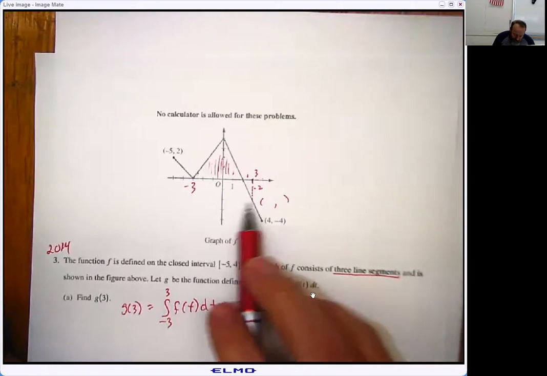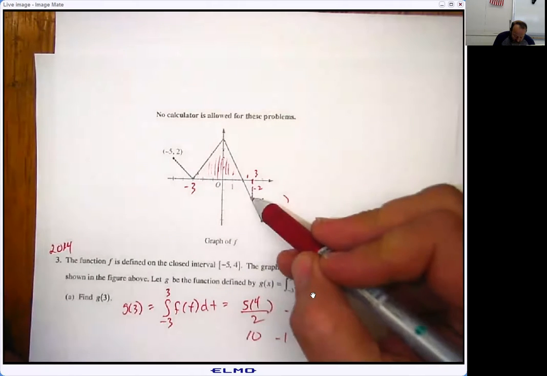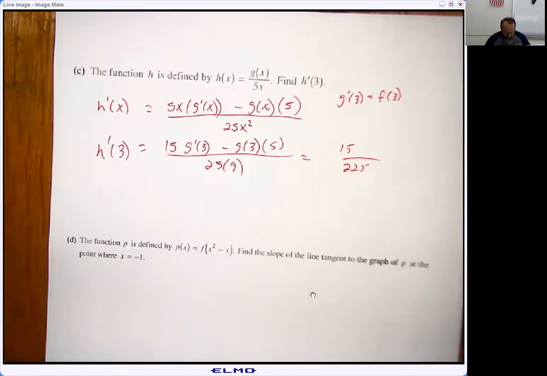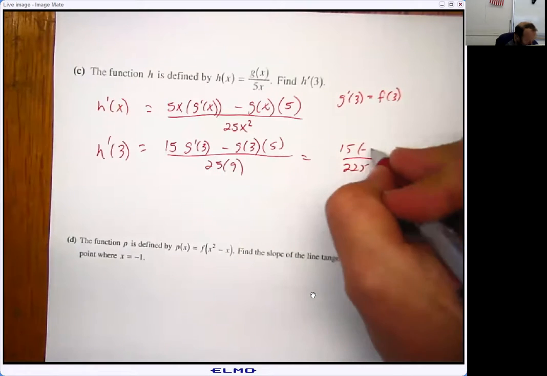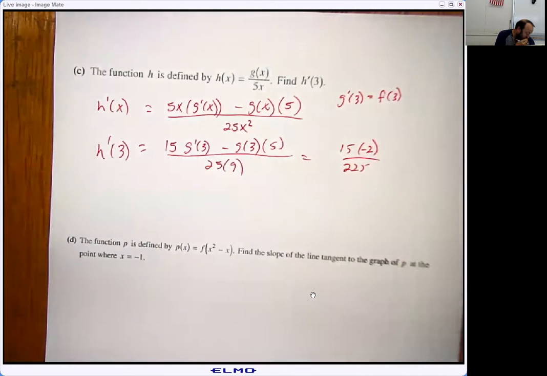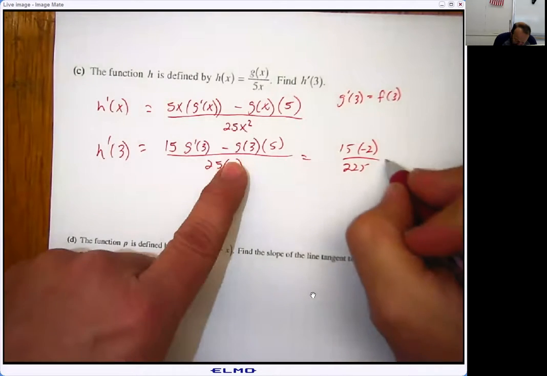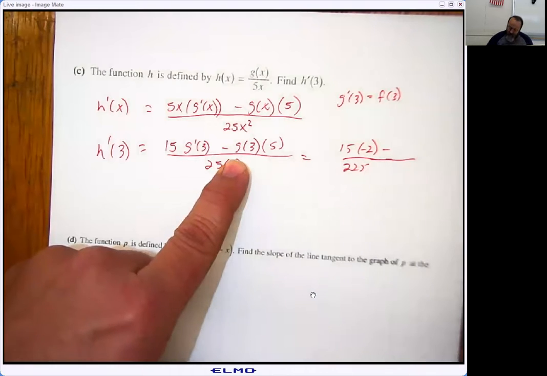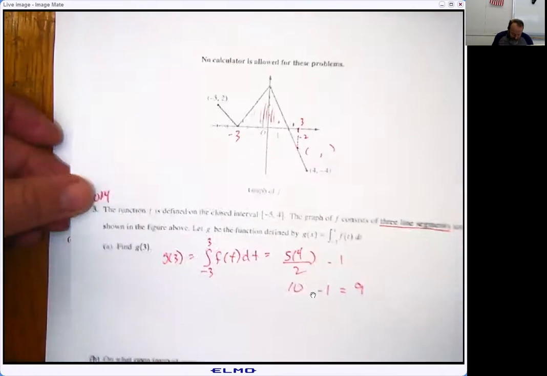Well, f of 3 over here was in fact -2. So this value is -2. And minus g of 3, let me be a little bit careful of that, but we actually found g of 3 earlier.